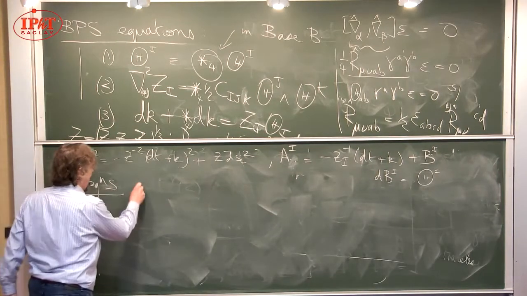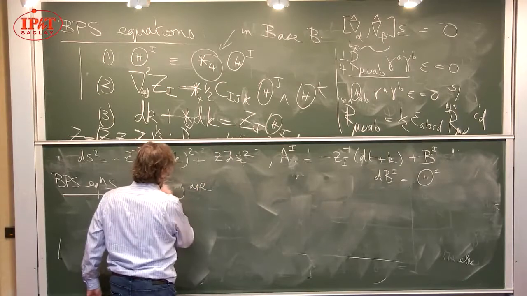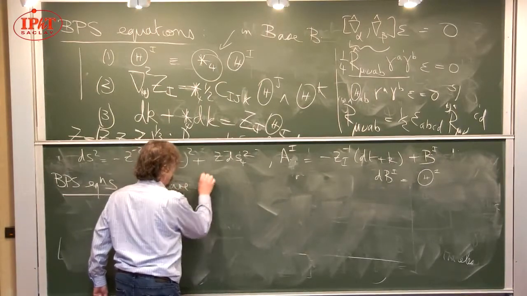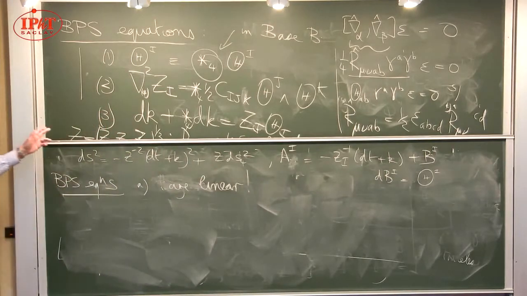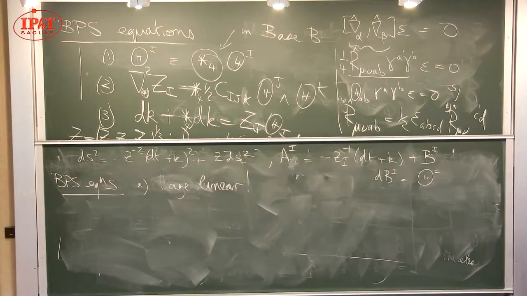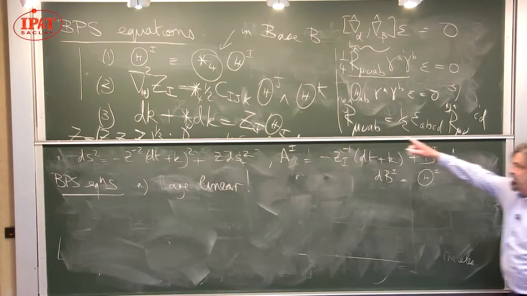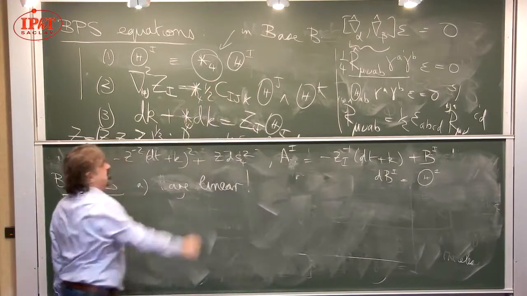The first of which is, they are linear. What do I mean by that? Well, the first one's obviously a linear equation for theta. The second equation is also linear in the sense that the equation you have to solve is a linear equation sourced by the solution of the previous equation.